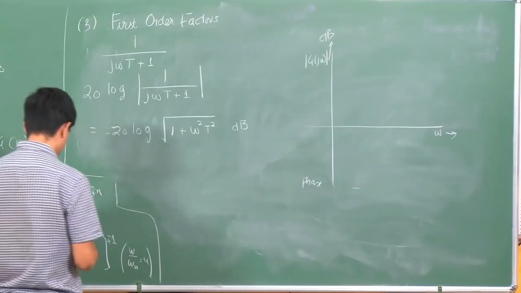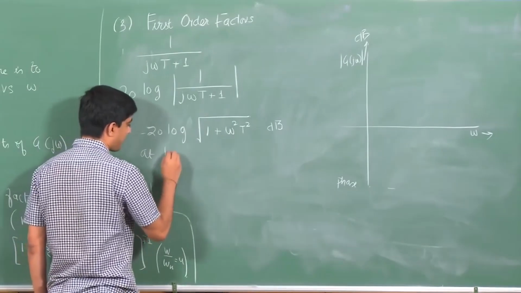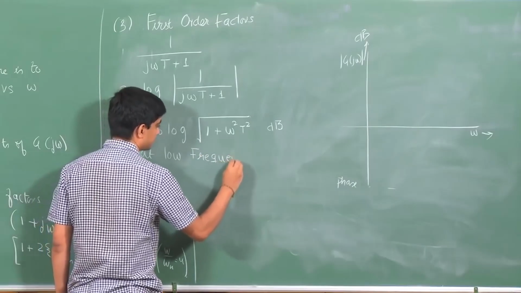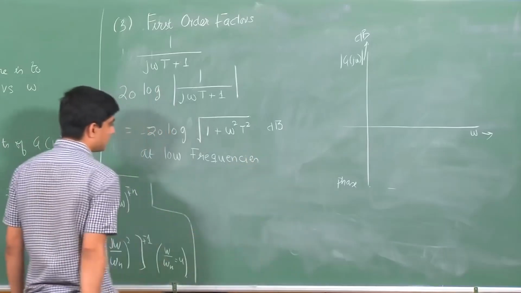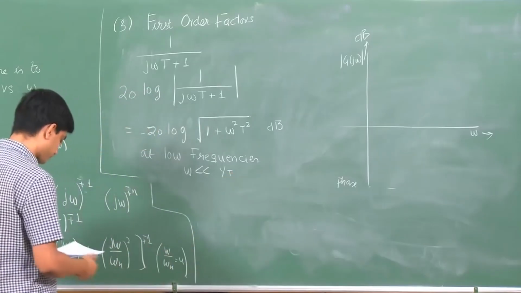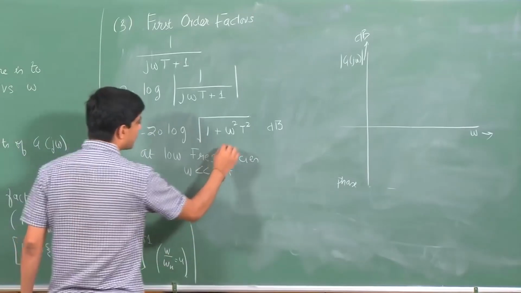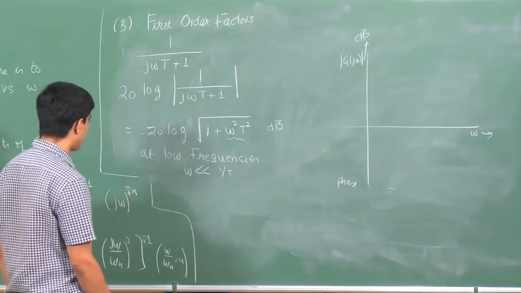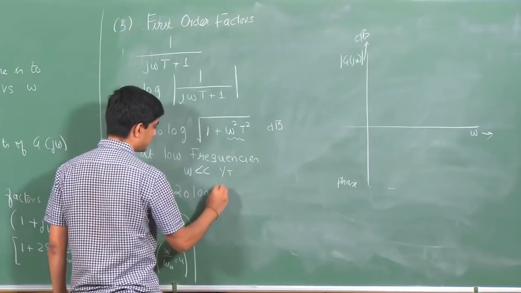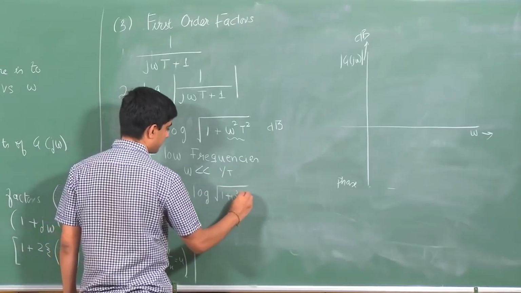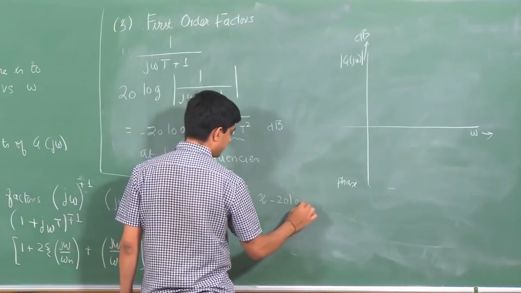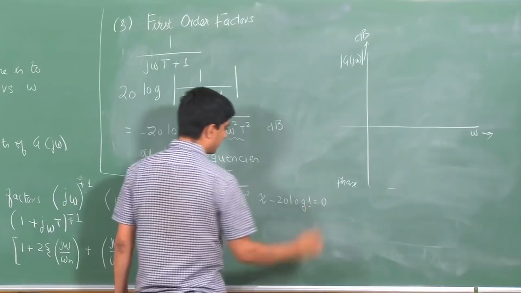Okay, so let us see what happens at low frequencies. Low frequencies would mean omega is very small. Okay, omega is very small. This term can be ignored a bit, and you can say that minus 20 log of this guy is approximately minus 20 log of 1 is 0.